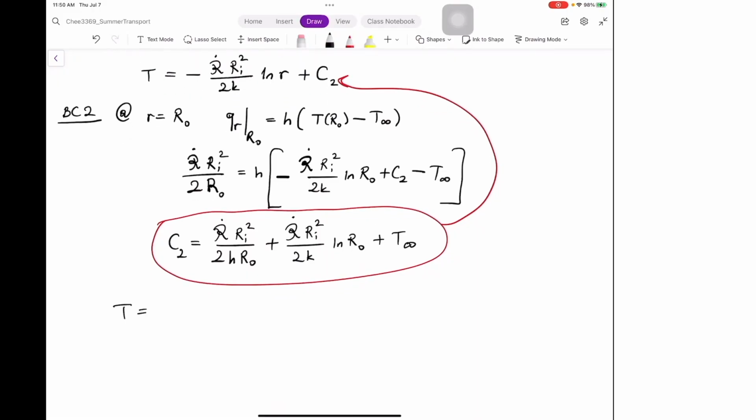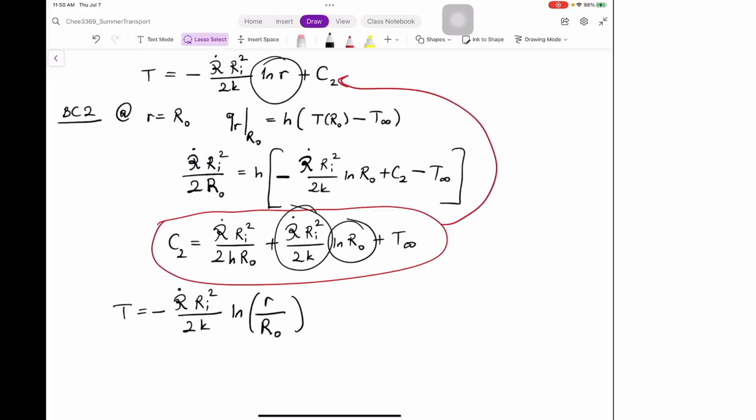T is equal to negative q-dot R_i squared over 2k logarithm of r over R_o, because I'm subtracting this from this since the prefactors are the same.